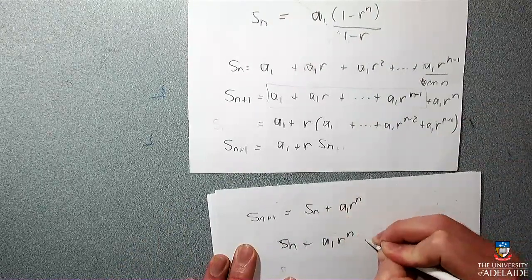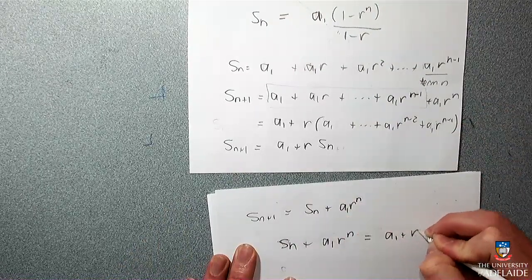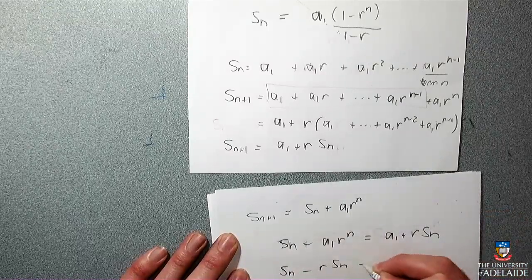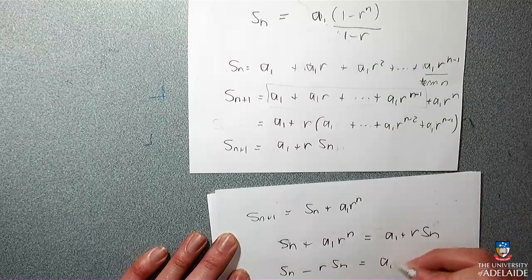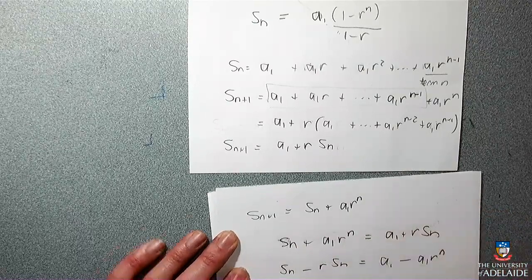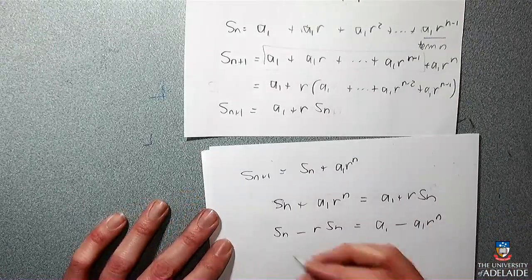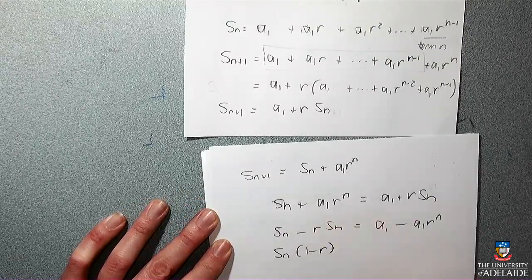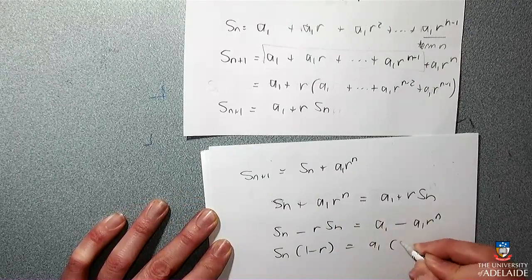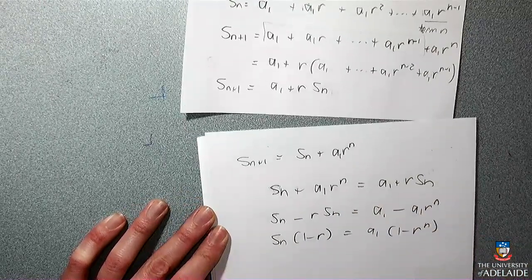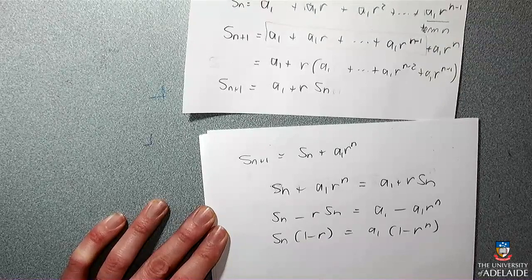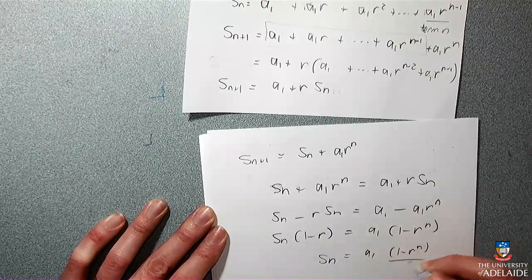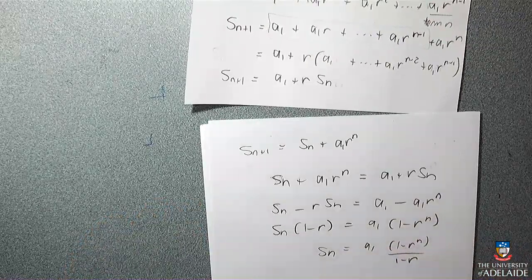Like that. I'm going to have Sn minus r lots of Sn over there, and A1 minus A1 times r to the n over there. These both have an Sn, and these both have an A1, and now I will divide by 1 minus r. Ta-da!